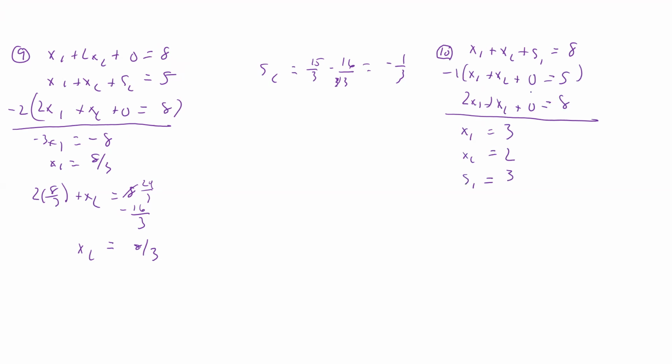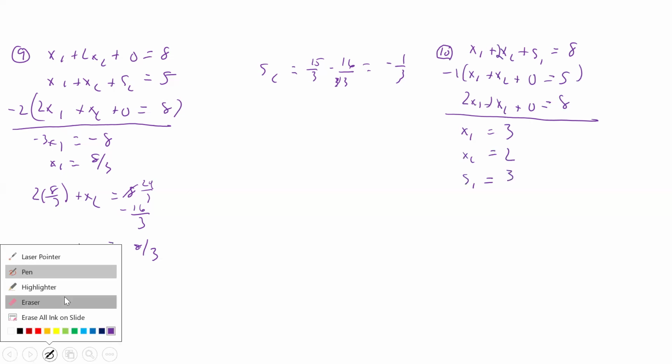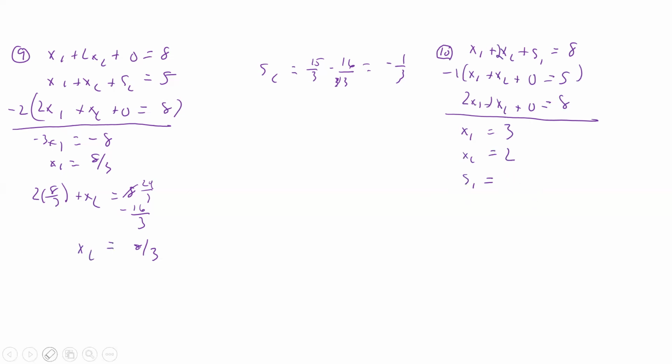Okay, so I get a 3 and, let's see, that's a 2. Is that a 2 here? Do I have something wrong? Let me look at my original equations again. Yeah, that's wrong. That's a 2. So I'm writing the wrong thing down here.